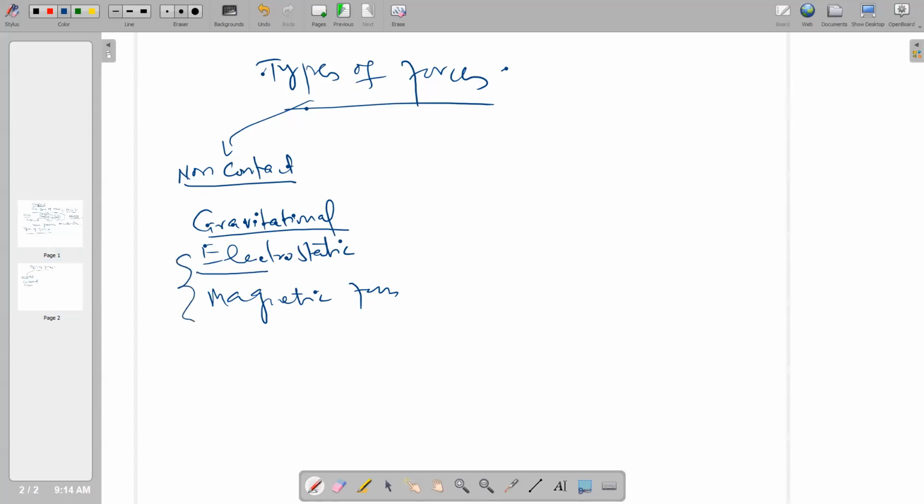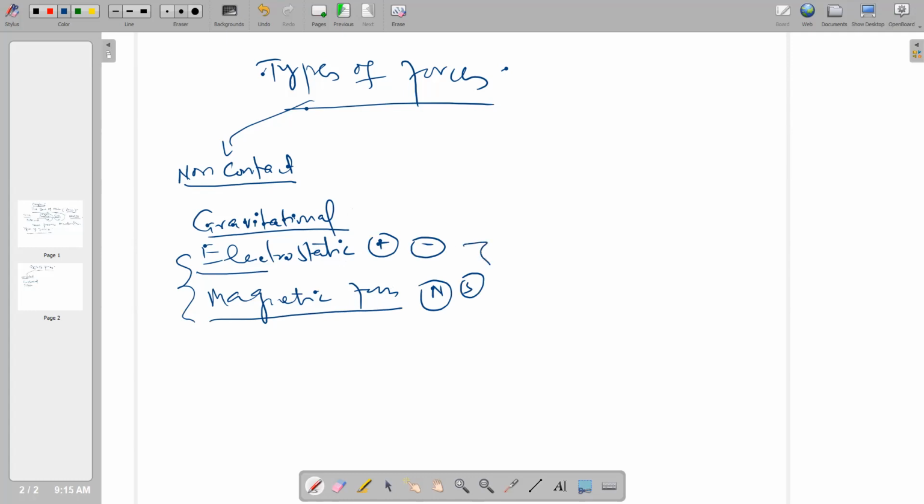Electrostatic and magnetic forces you will study in Physics 104. Electrostatic force is between the charges. It is attractive and repulsive, both. But gravitational force is always attractive. And magnetic force is between north and south poles, so it is attractive and repulsive.